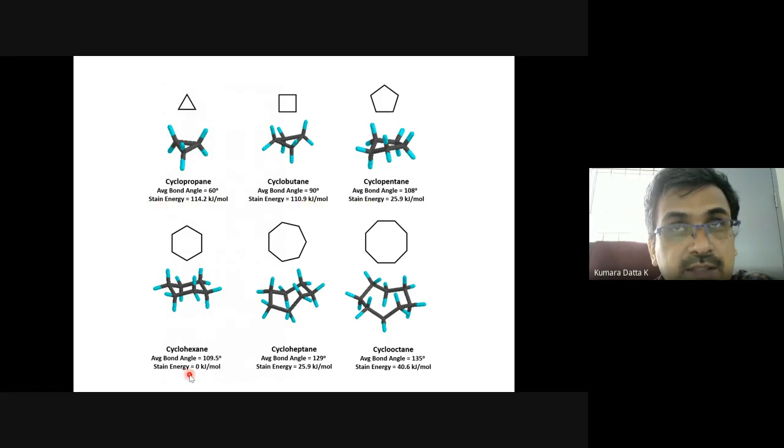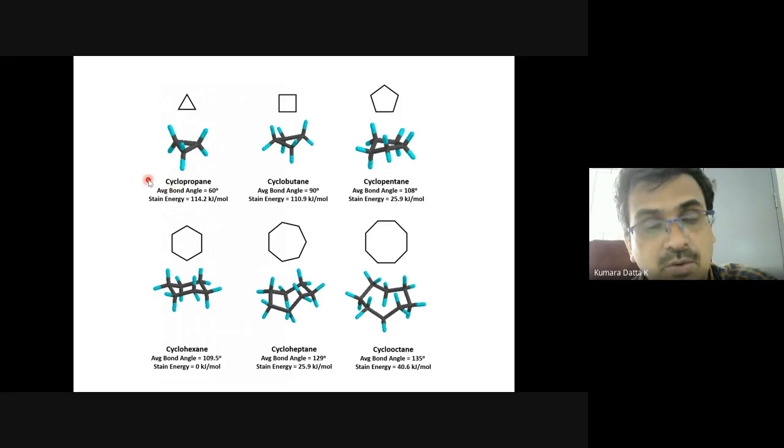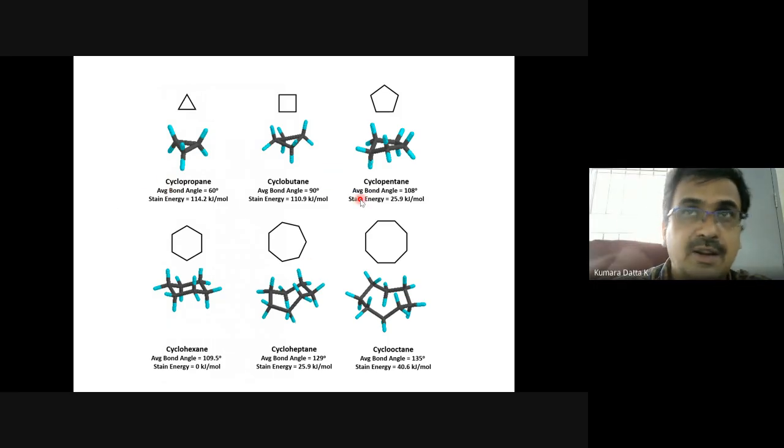And for cyclohexane it is 0, a stable form. Cyclopentane has reduced almost to 5 times or even 4 times with respect to cyclopropane. So you all by now understood it is a very strained molecule.